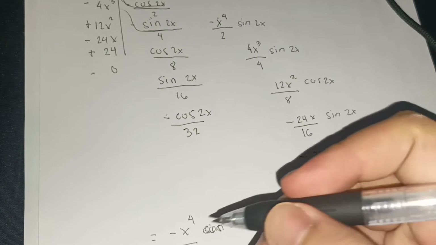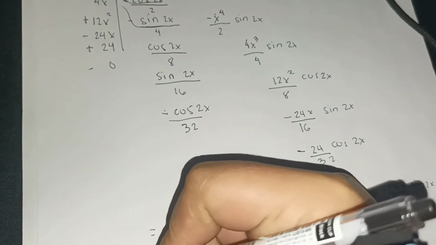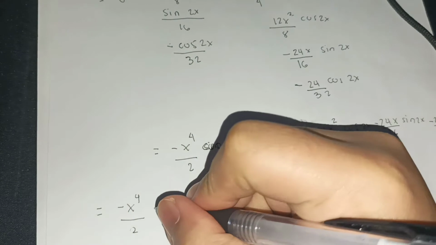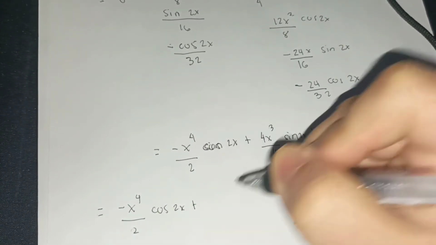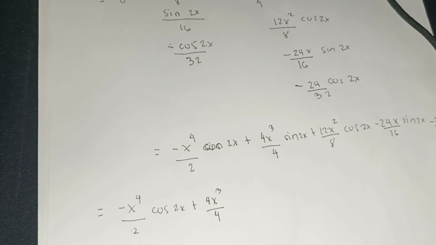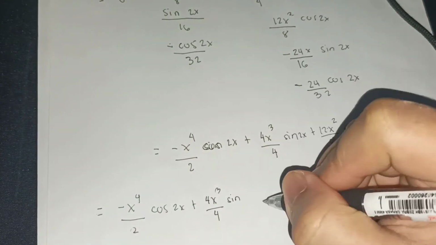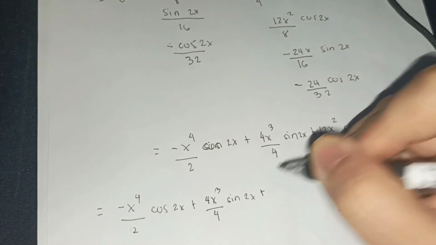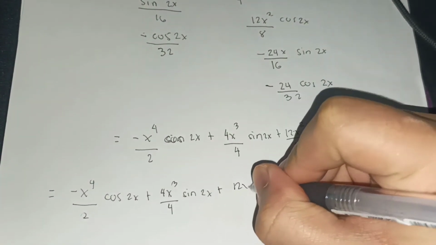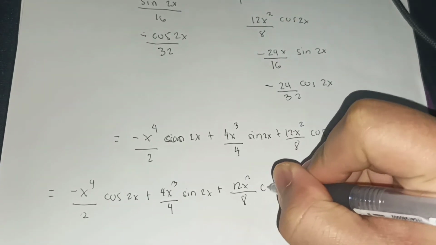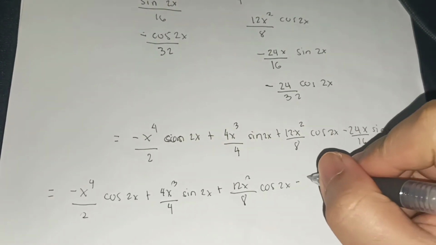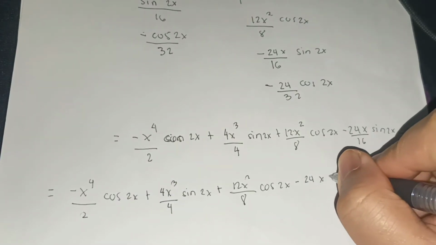So let's try to rewrite. Negative x to the fourth power over 2 cosine 2x plus 4x cubed over 4 sine 2x plus 12x squared over 8 cosine 2x minus 24x sine 2x.